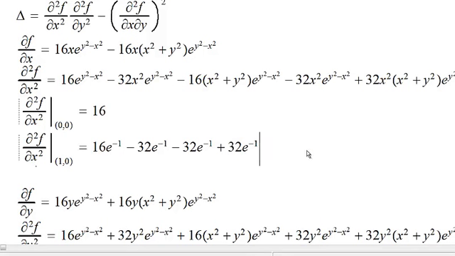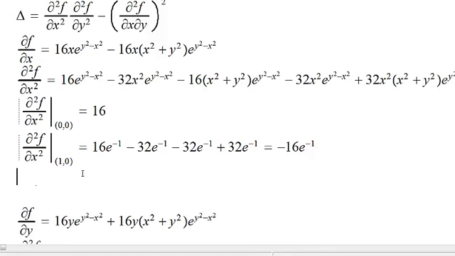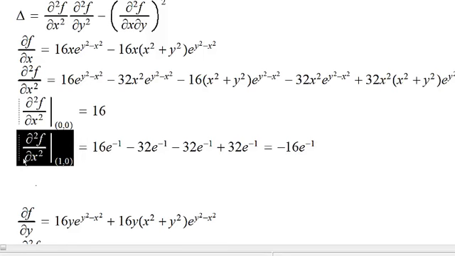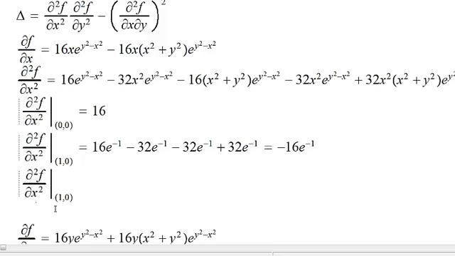Are we clear? Okay, so what happens? This becomes negative 16 e to the negative 1. If we did not make any mistake, and if we made any mistake, we will all be blamed for it, because here we are simply doing basic differentiation, right? Are we good?